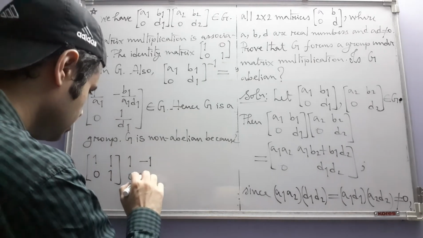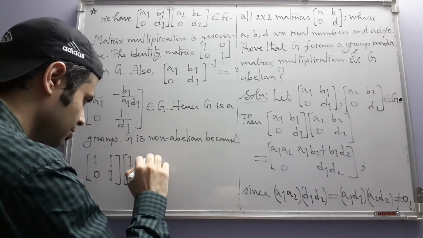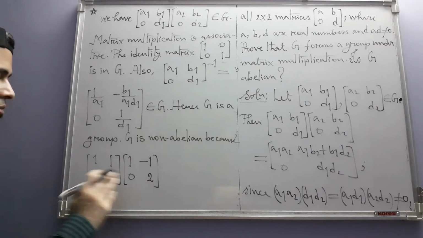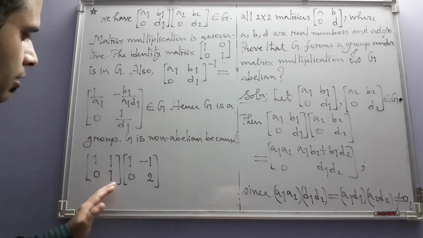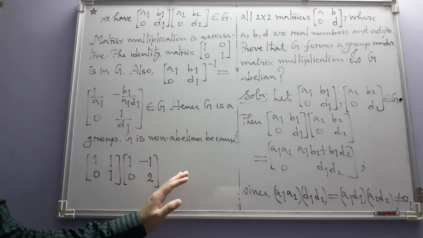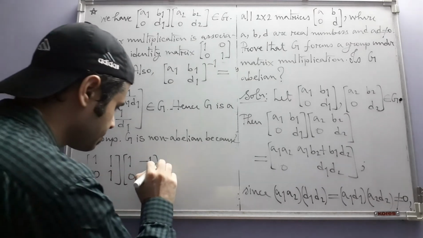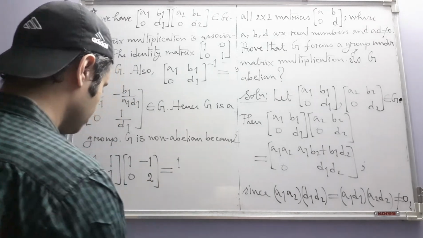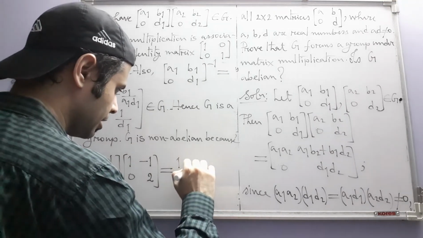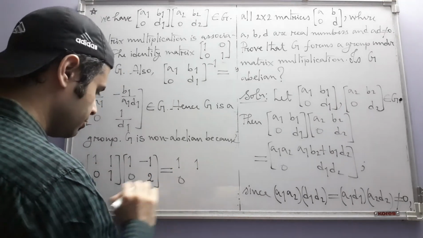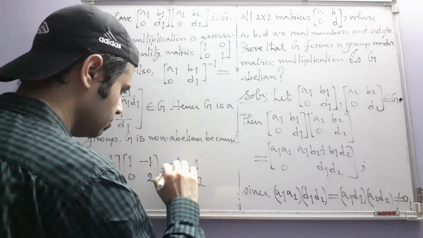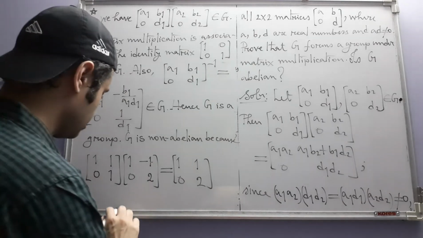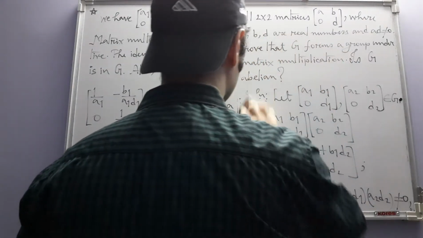Usually when we deal with matrices, showing that things are not commutative is rather easy. In most of the cases, you arbitrarily choose two matrices, chance is that they will not commute. So this becomes 1 times 1 plus 1 times 0, 1, minus 1 plus 2, 1, 0 plus 0, 0, 0 plus 2, 2. And let us calculate the other one separately.